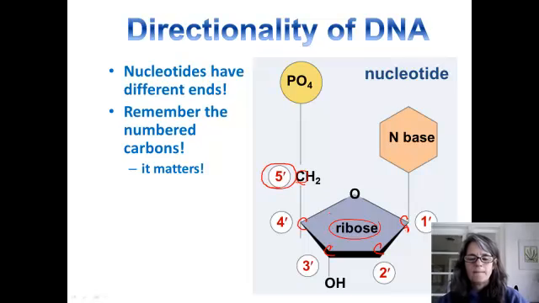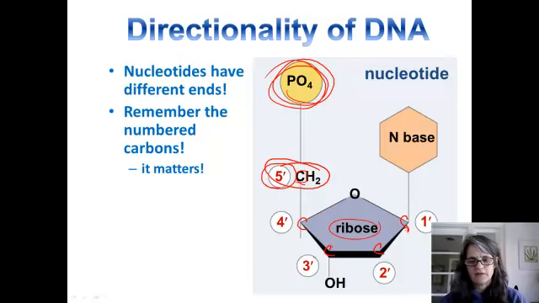The next one is 2, then 3, then 4, and then the 5' carbon is up here. So there is a sense of direction. This carbon is different from anything else we see hanging off of these other carbons, and it always has the phosphate group hanging off of it. This carbon down here has a hydroxide group hanging off of it. These other carbons, the 1', the 2', the 4', we really don't care about.